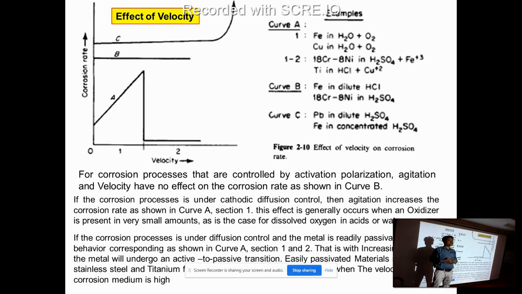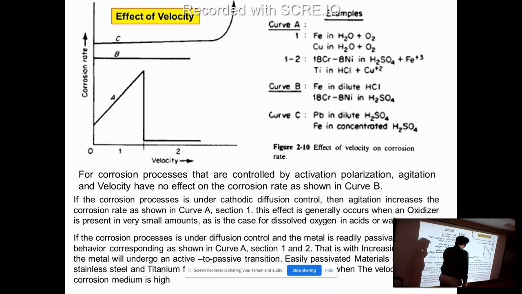What are the changes? That is called polarization. In activation polarization, if I put agitation, will there be any effect? I told you yesterday, only when concentration polarization or diffusion comes into the picture will increasing agitation or velocity play a role. Whenever activation polarization is there, agitation does not have any effect. Nothing will happen if it is in activation polarization mode.